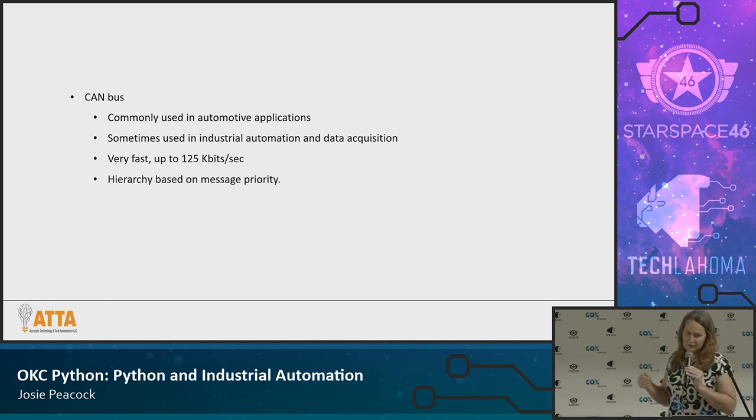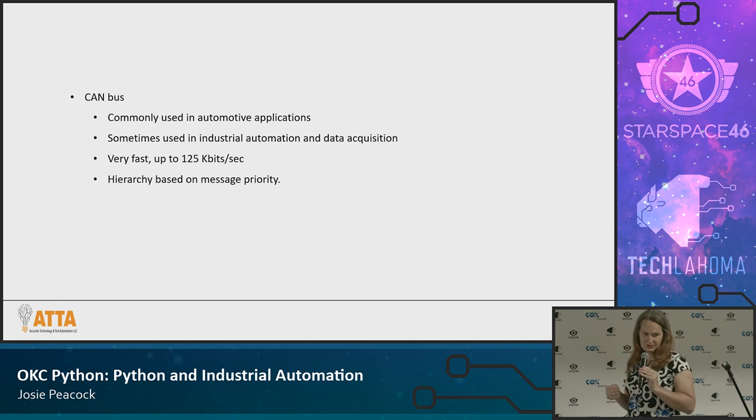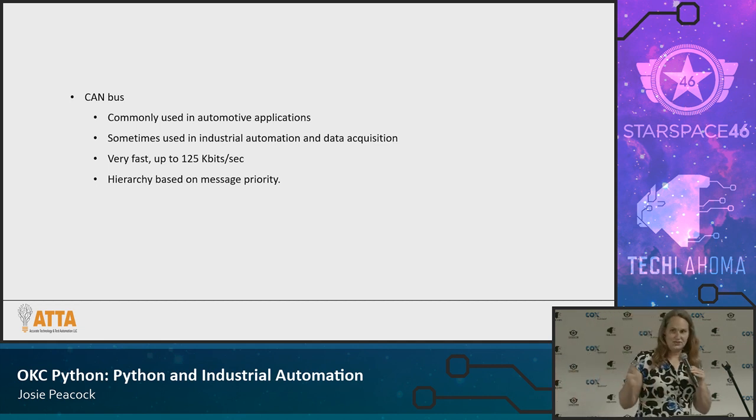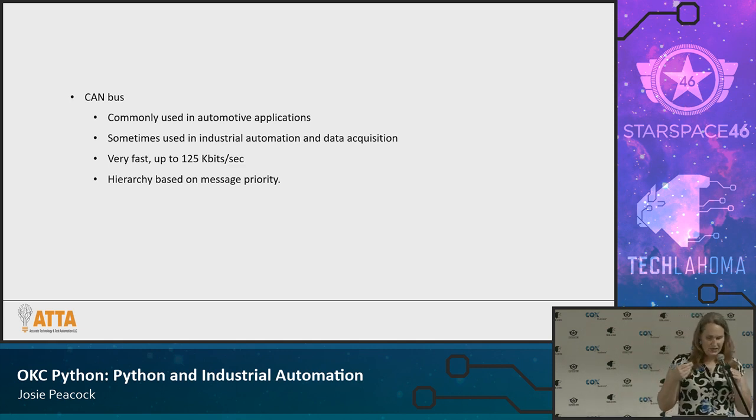Another thing I find really fascinating about CAN bus is its hierarchy-based message priority. Every single instrument or device on the CAN bus network has the same priority on being able to communicate to everybody else, but the messages have the priority.